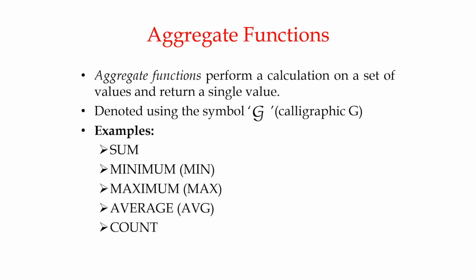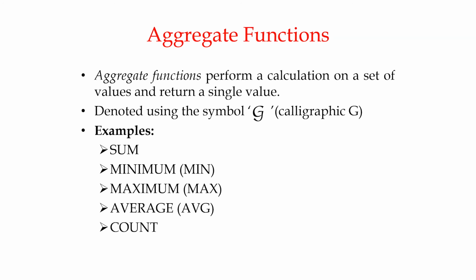Next is the aggregate function. Aggregate functions are nothing but they are set of operations which are performed on a set of values which produces a single result. For example, take a table with a set of values. So, what operations we can perform?